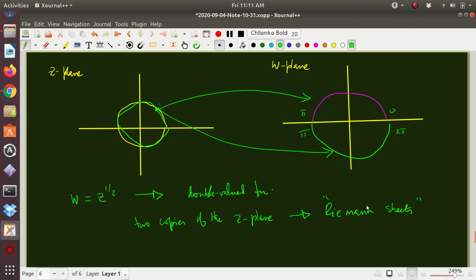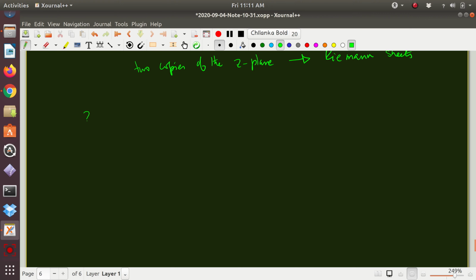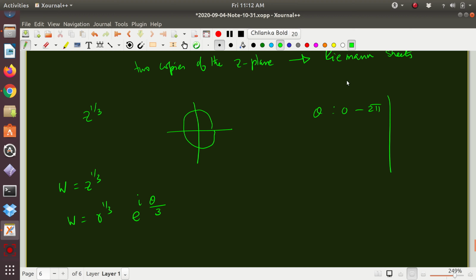Now likewise, if I take z to the 1/3, then you need to go around the z plane 3 times. Because w is z to the 1/3, w is r to the 1/3 e to the i theta upon 3. If theta goes from 0 to 2 pi in the z plane, in the w plane the angle will go from 0 to 2 pi by 3.